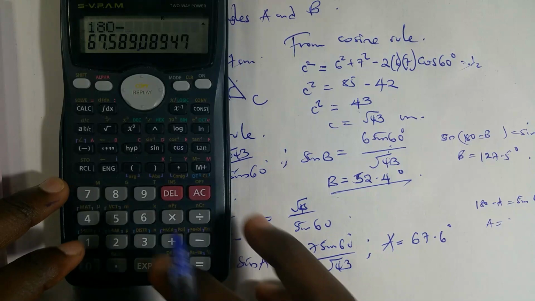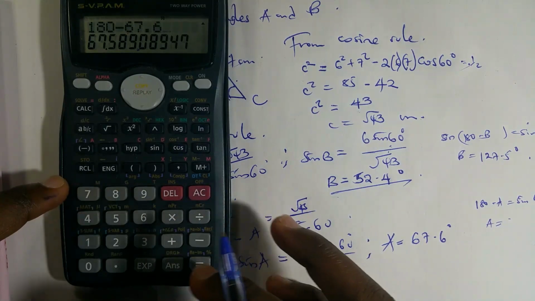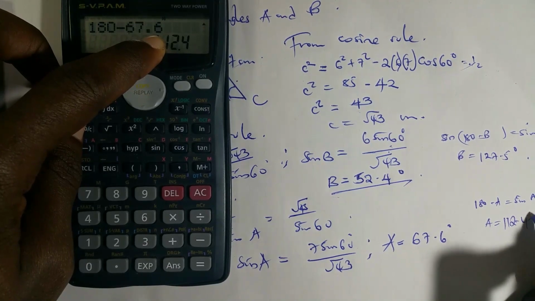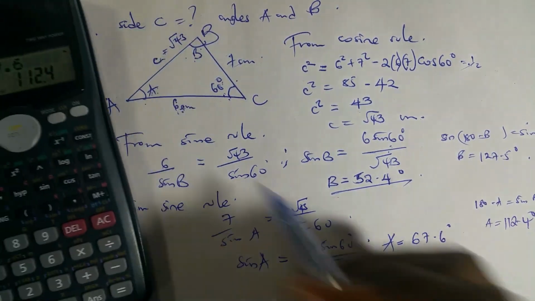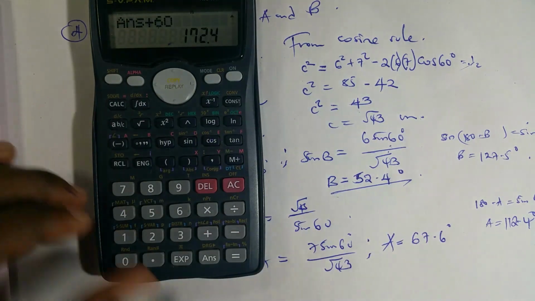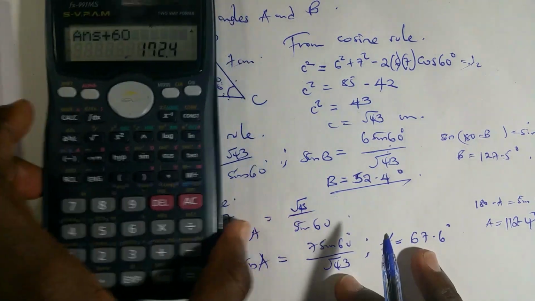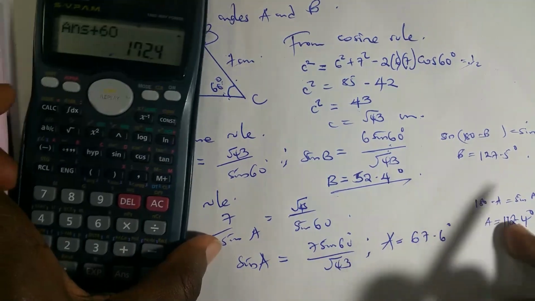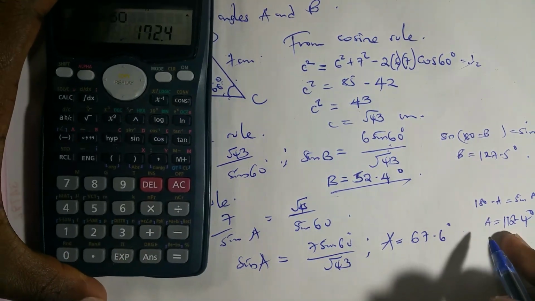We have 112.4 degrees. Now we check 112.4 plus 60. We have only 172, it doesn't exceed 180. So that means the obtuse angle of A exists.